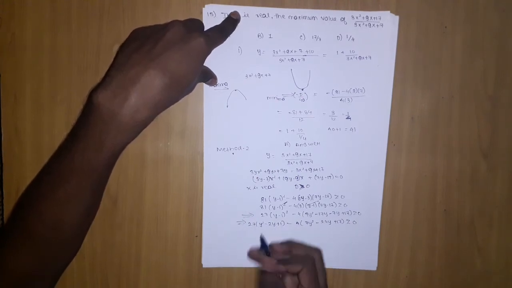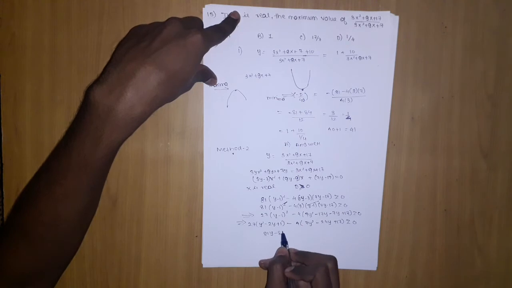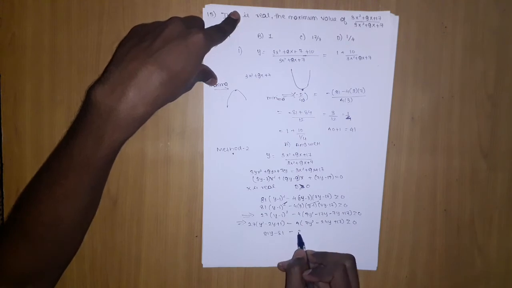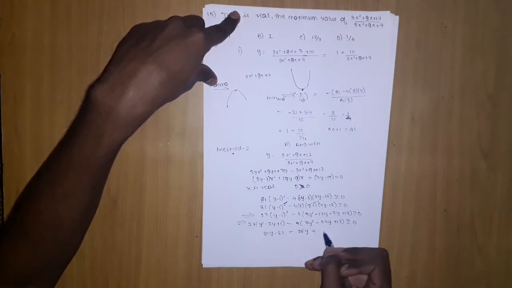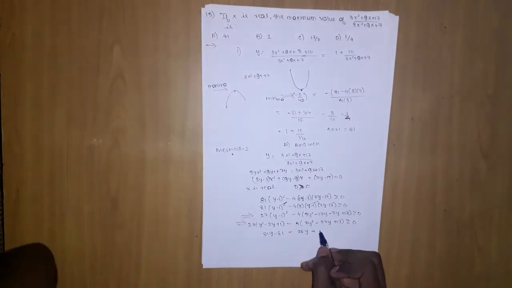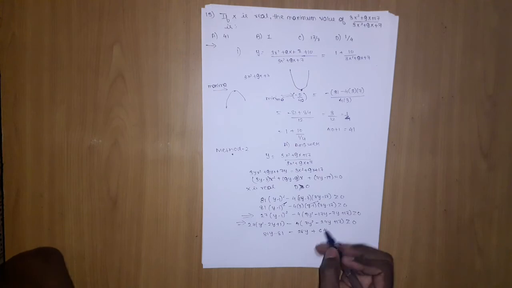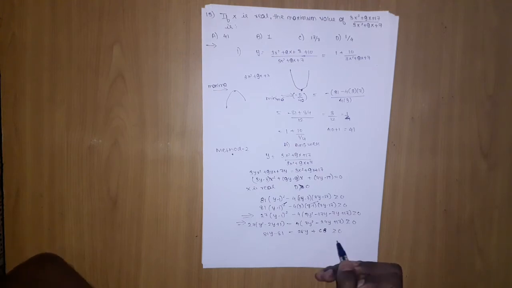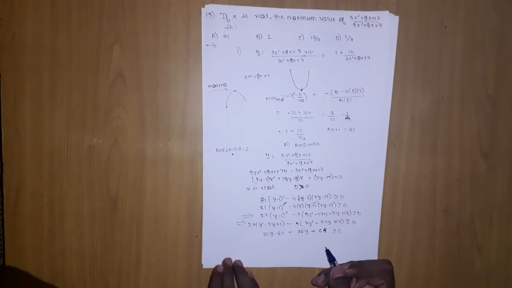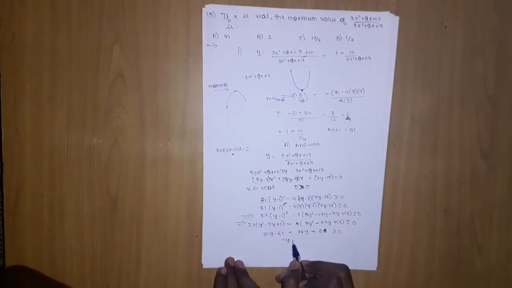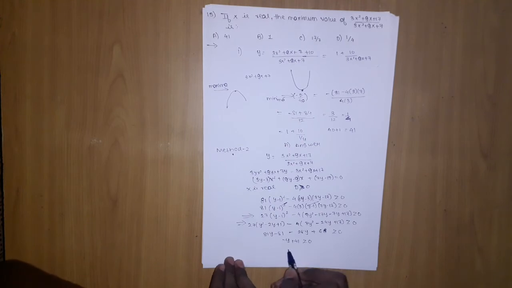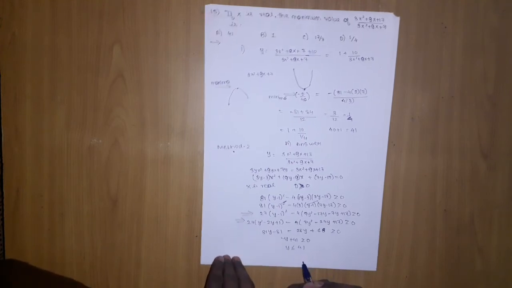If we eliminate this, it will become 81y minus 81, and this will become 28y plus 68, should be greater than or equal to 0. Now from here we get minus y plus 41 should be greater than or equal to 0, so y will be less than or equal to 41.